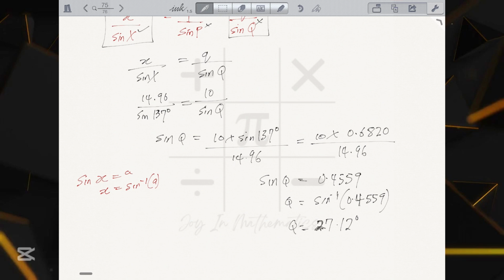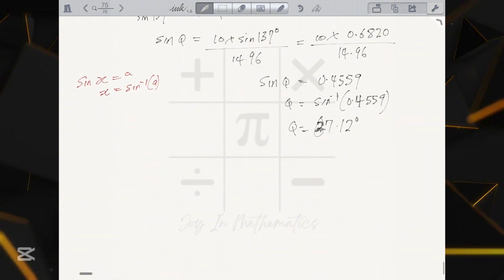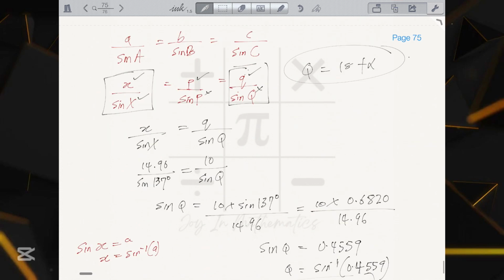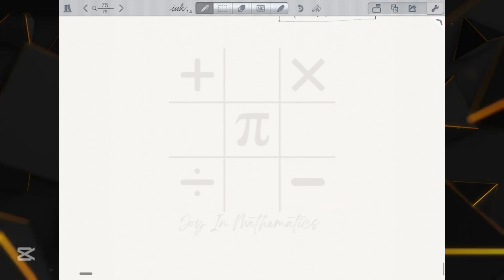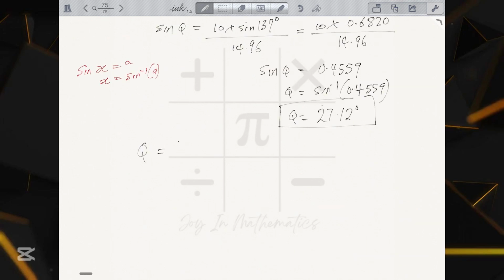That's angle Q. So with that done, we recall again that Q is equal to 18 plus alpha. Alpha therefore will be Q minus 18, and Q is 27.12 minus 18. So we will have the final answer for the bearing of P from Q to be equal to 9.12 degrees.